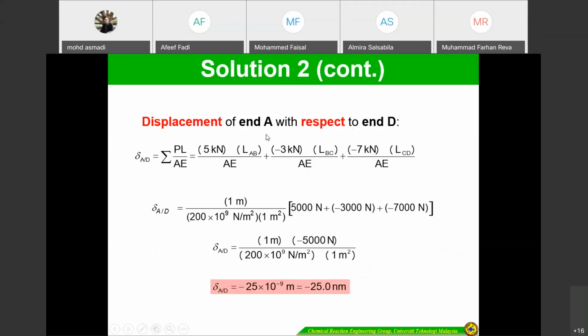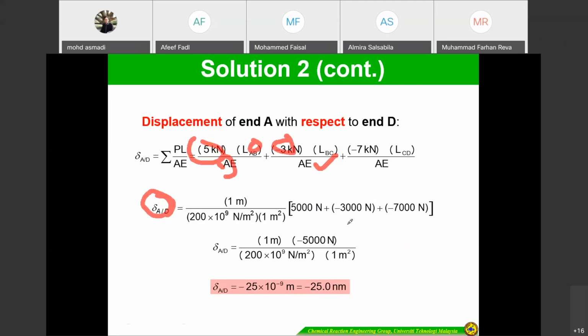For each section, you have to get the total displacement. Just substitute all the force, length as well as area. E is the same because it is only steel, so we can get the displacement of A with respect to D.